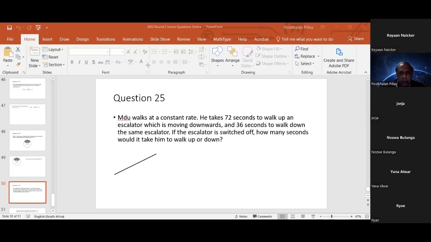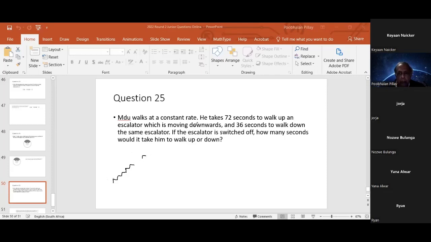Maybe we shouldn't do that. I want to use the steps. Okay, I'm going to draw it freehand. So it goes on like that.